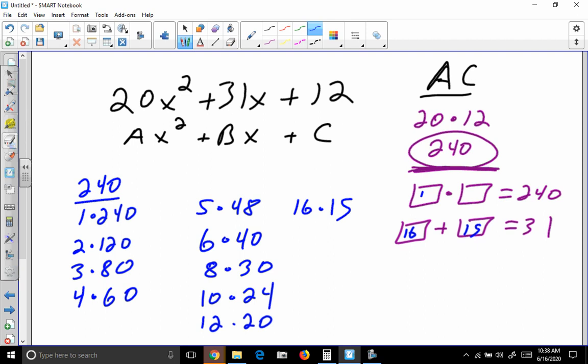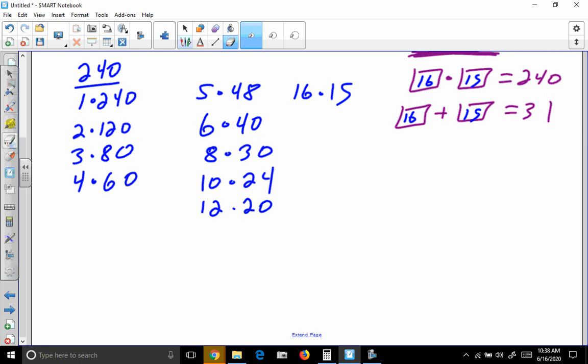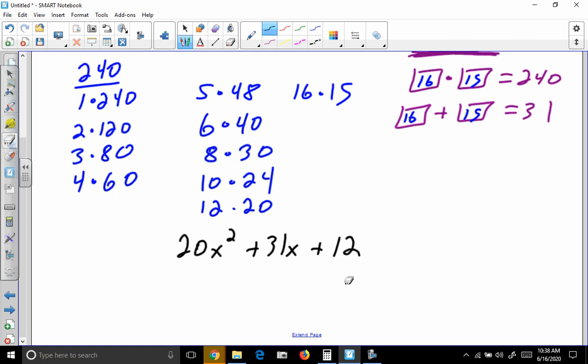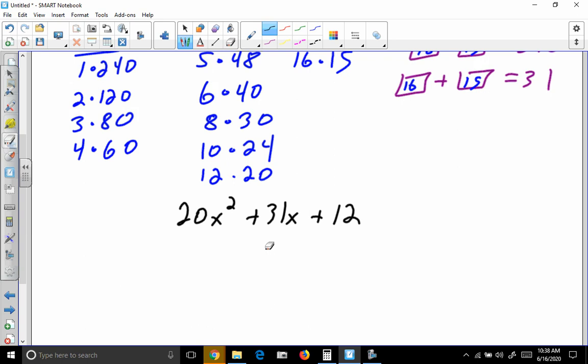So these are the two numbers that multiply to make AC and add to make B. So once we find that combination, we're going to take our 20x squared plus 31x plus 12, and we're going to rewrite that 31. Instead of calling that 31x, since we know 31 is 16 plus 15, we're going to call that 16x plus 15x.